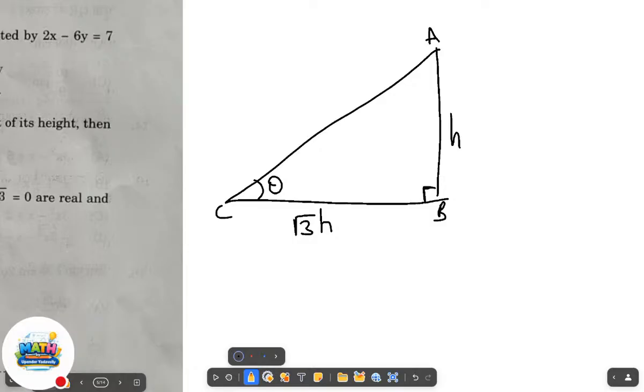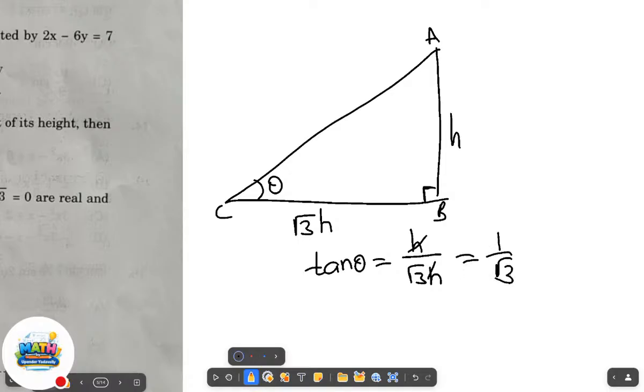With respect to theta, AB is the opposite side and BC is the adjacent side. Let's take tan theta: opposite side h, adjacent side root 3 h. Here h gets cancelled. Now it is equal to 1 by root 3.